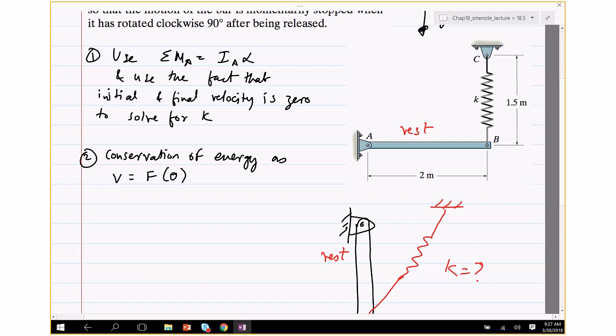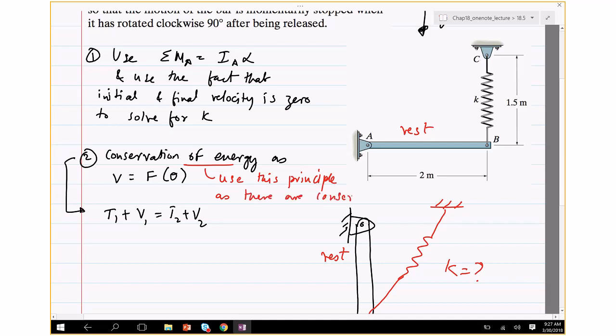Okay, so let's use the second method: T1 plus V1 equals T2 plus V2. Again, we use this principle because there are only conservative forces.